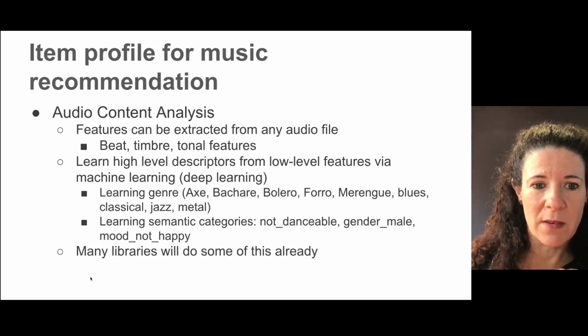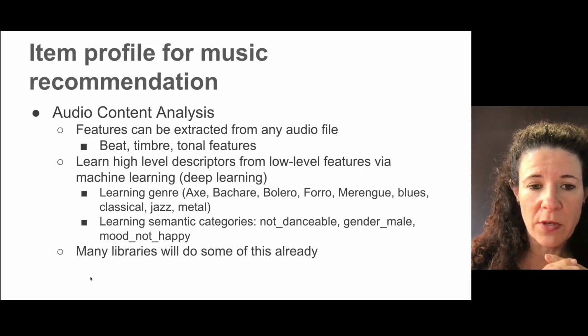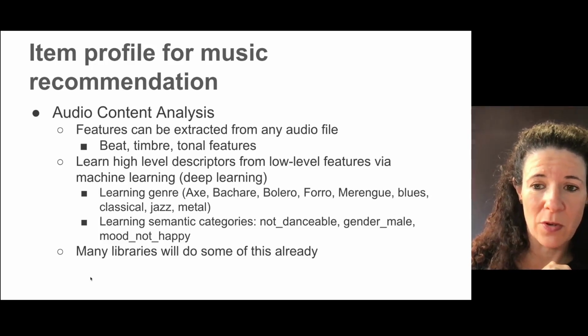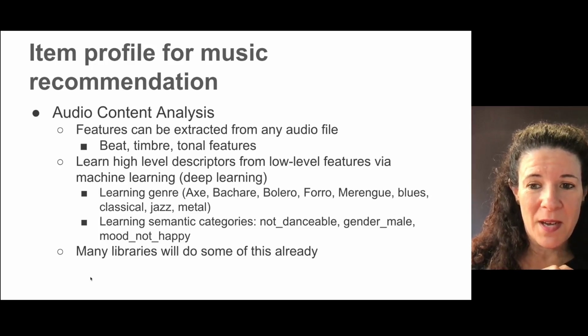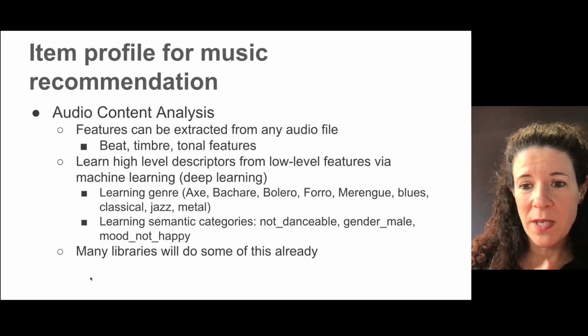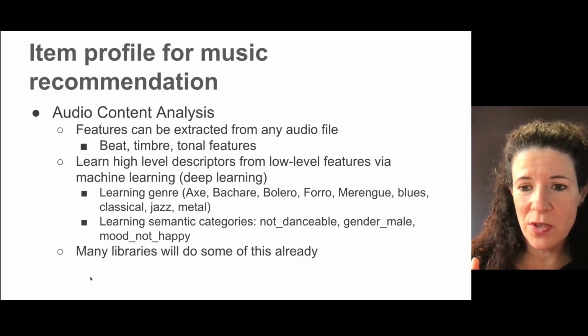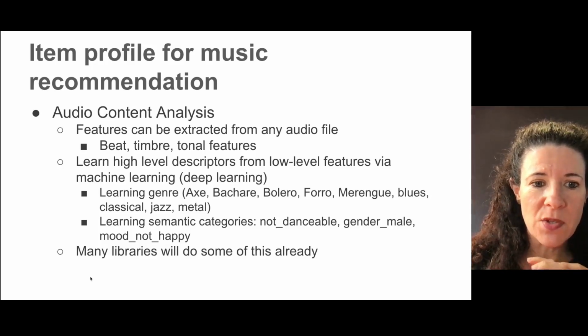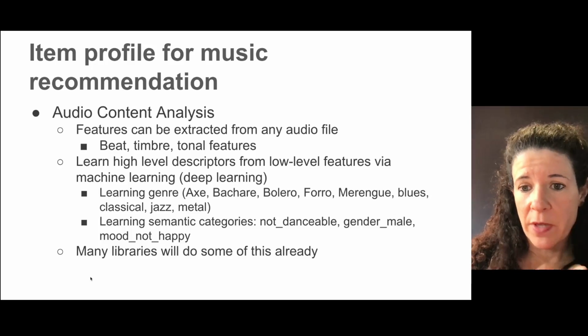You can also use deep learning to predict categories such as not danceable or gender male or not happy mood. And this could be trained based on user tagging or expert tagging, right? And some libraries would do this already for you.